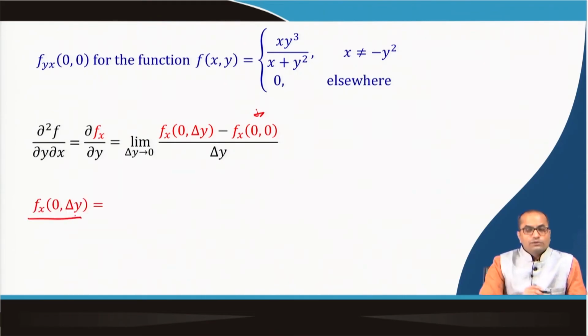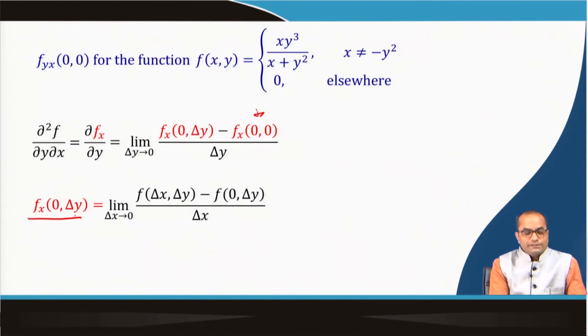So, this f_x(0, Δy), as per the definition. We are talking about f_x. So, we have Δx going to 0, we have Δx, and then the variation will be there in the first argument, and the second will remain as it is, Δy. Well, in this case, earlier it was 0, but now we will check.